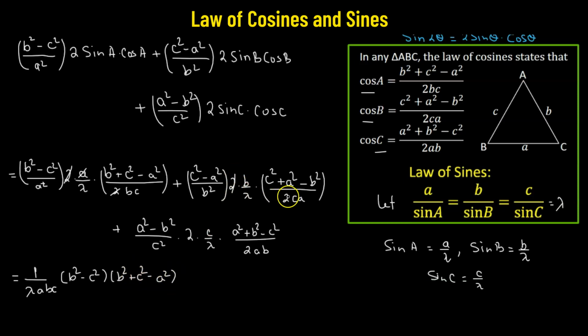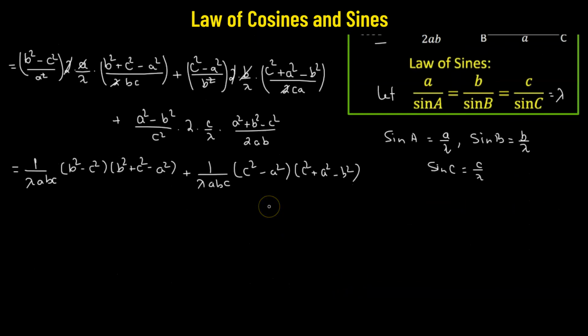Similarly, we can cancel out 2 and 2, and b from the numerator and denominator. This is going to give us 1 over lambda times abc multiplied by (c squared minus a squared) multiplied by (c squared plus a squared minus b squared).